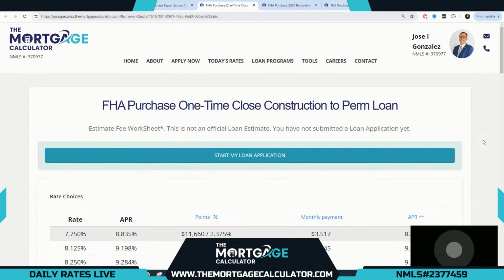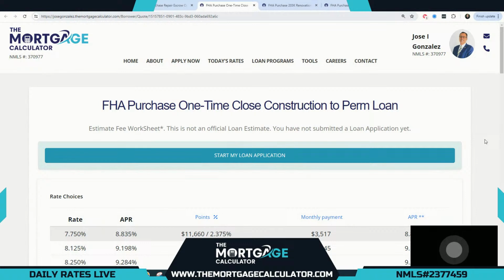And now here's another great tool, again, to deal with those tight inventory issues, giving our borrowers more solutions, more options to be able to purchase more properties with an FHA loan. This one, the one-time close construction to permanent loan, allows the borrower to purchase a piece of land and build their dream home all with one loan.